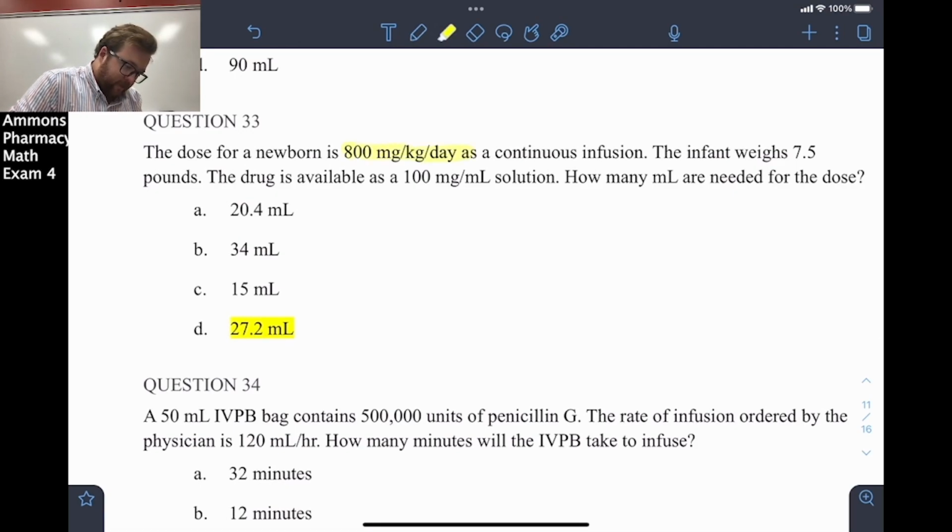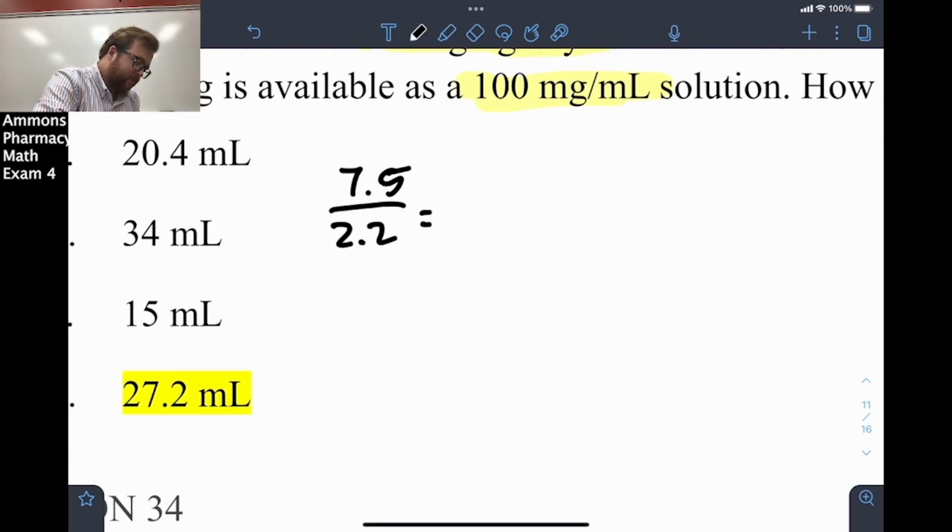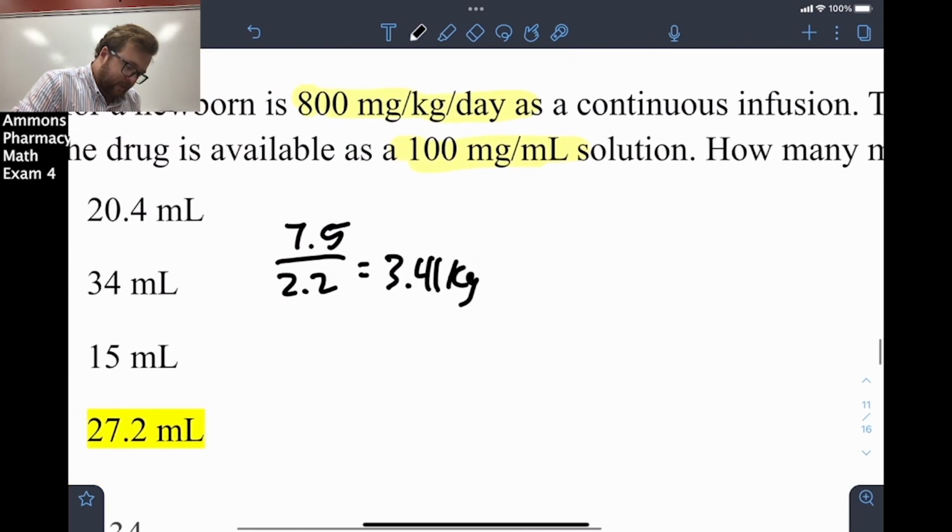800 milligrams per kilogram per day, 7.5 pounds. It's available as 100 milligrams per mil. How many mils are needed? So, once again, 7.5 divided by 2.2 is 3.41 kilos. He needs 800 milligrams per kilogram.